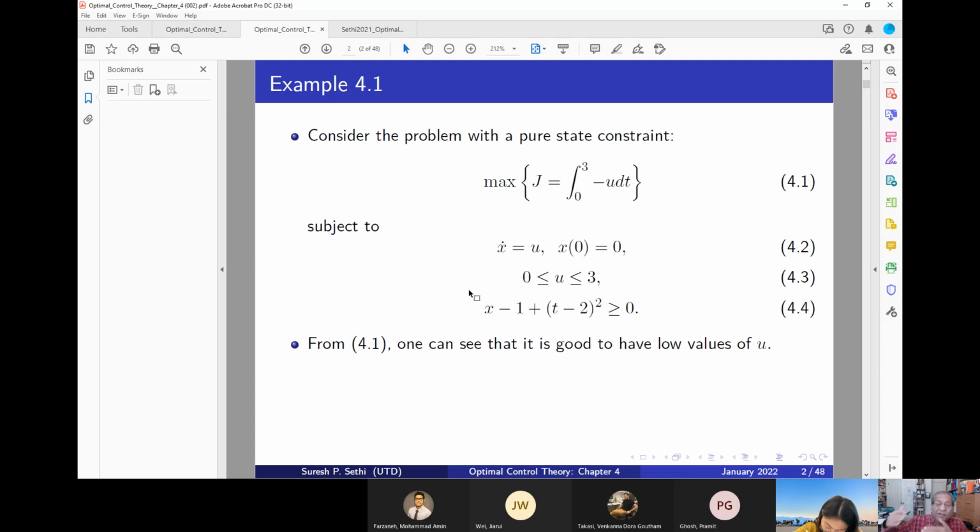If I have to go all the way to x triple dot to manage x, then it's called a third order problem. We will not deal with the second, third, fourth, fifth order problems. You can have a theory for that, and there is available literature. In this chapter, we will only deal with the first order problem. First order problem means x dot itself has a u in it.